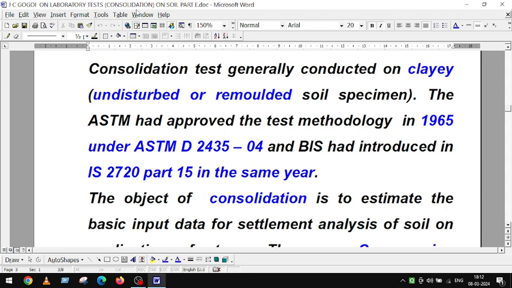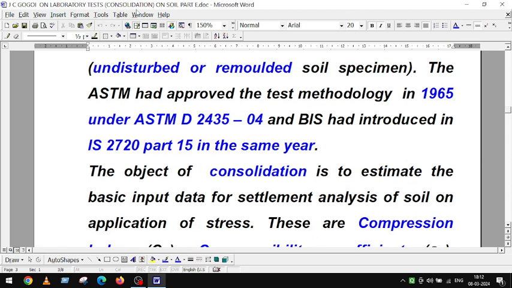The object of consolidation is to estimate the basic input data for settlement analysis of soil on application of stress.